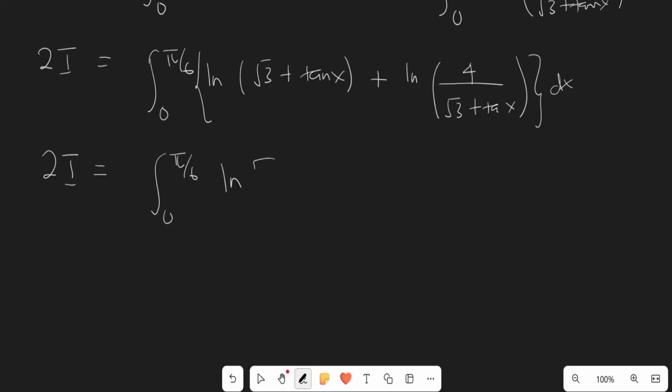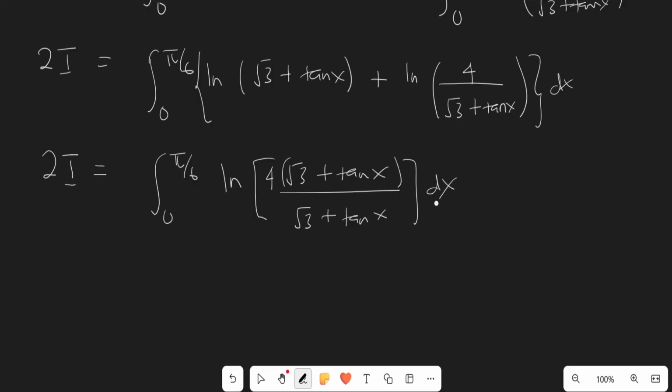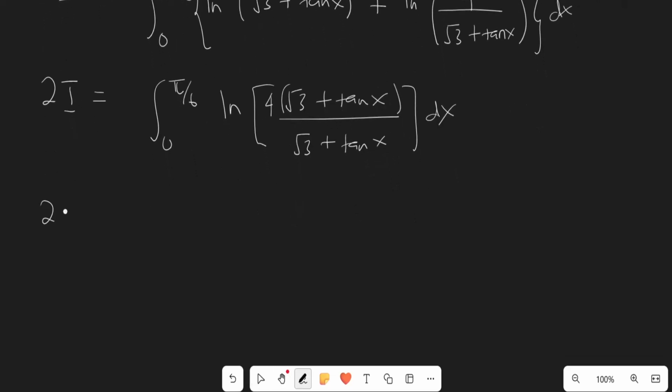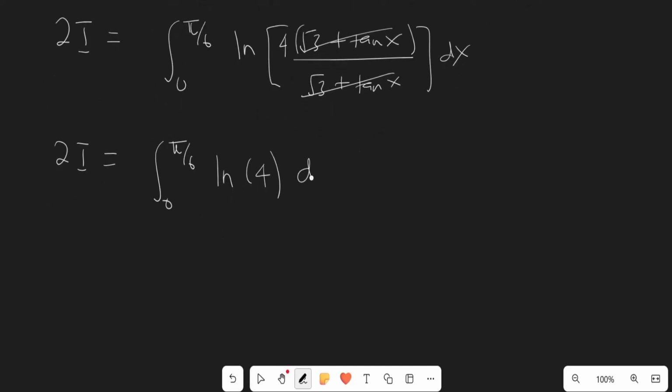So that is the natural logarithm of square root of 3 plus tan of x multiplied by 4 all over square root of 3 plus tan of x dx. So 2I is going to be the integral from 0 to pi over 6. This will cancel that and you're left with the logarithm of 4 dx.